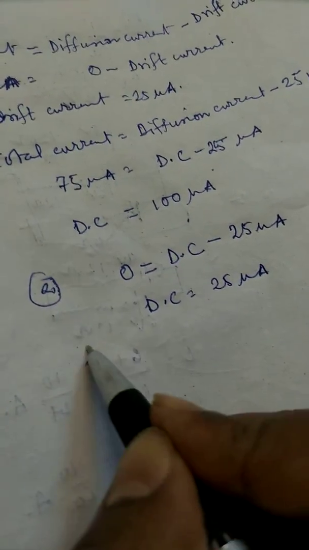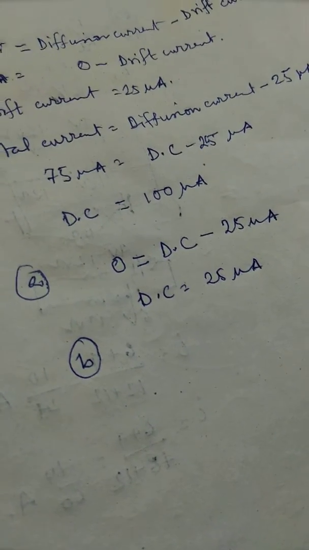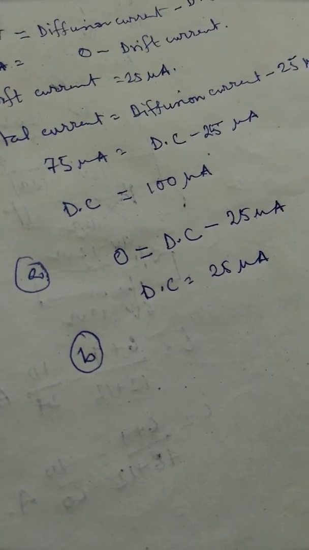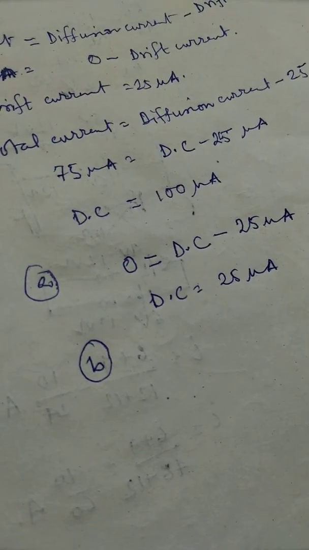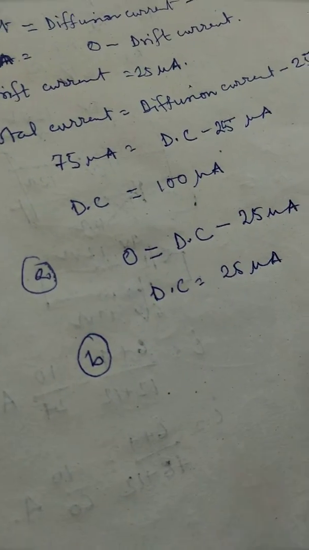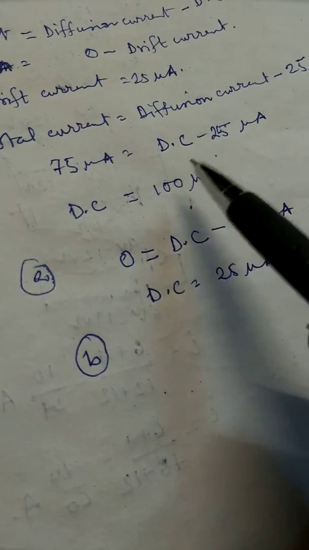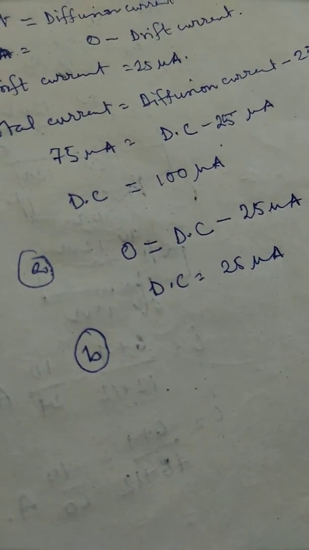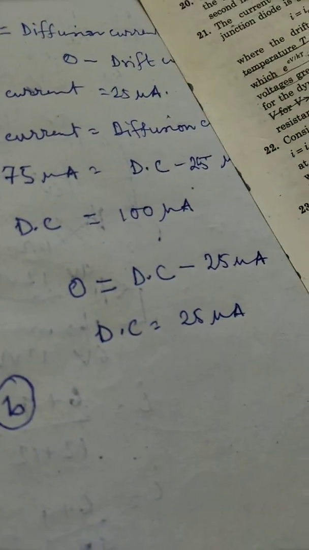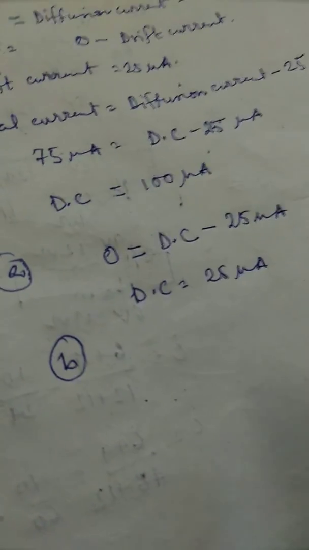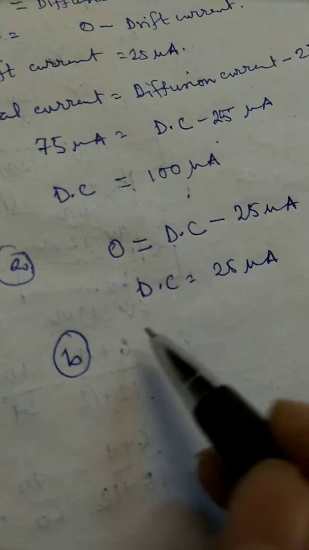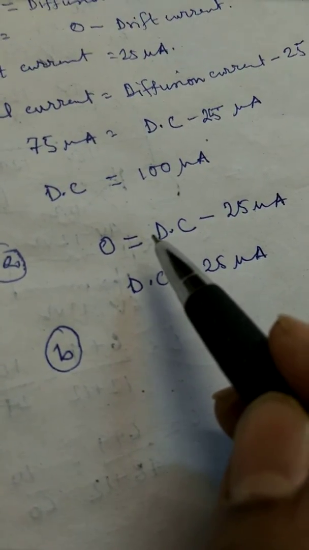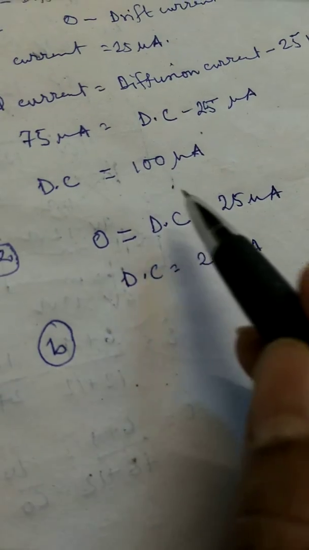And for part B, they have told, if we reverse bias it, what will happen? In reverse bias, the diffusion current becomes zero, right? They have just asked, in reverse bias, what is the diffusion current?